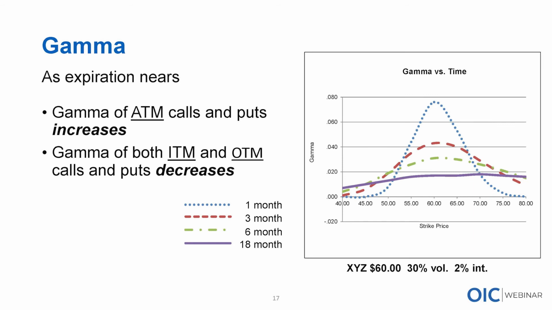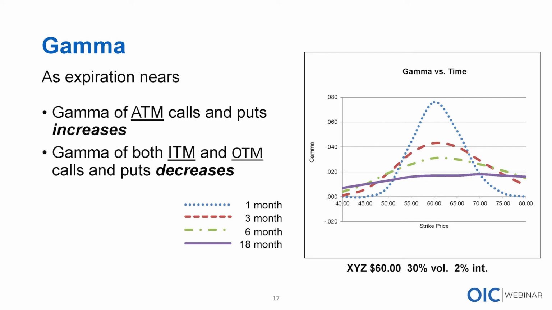Now, gamma changes as we get closer to expiration for the near-term at-the-money options. The options that have the most gamma are going to be the at-the-money strike and the near-term option. In this chart, we're looking at the 1-month options, the 3-month, 6-month, and 18-month. As you can see, we're assuming the stock is trading at 60, and we're looking at the at-the-money 60 calls and puts.